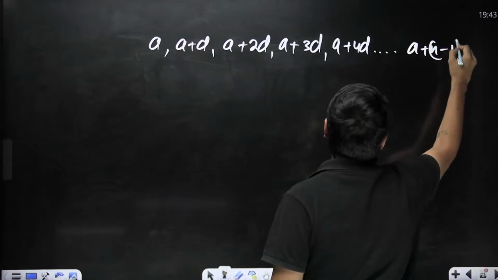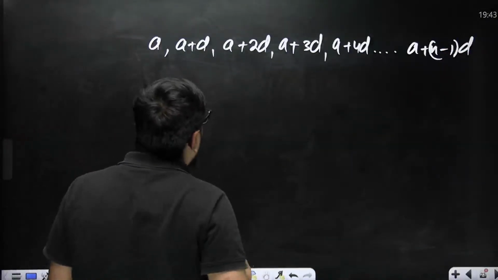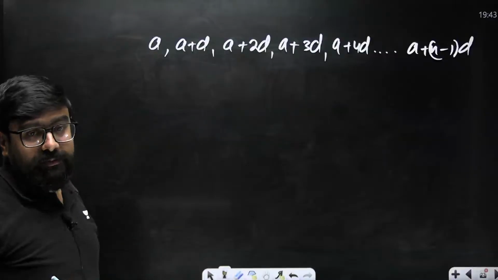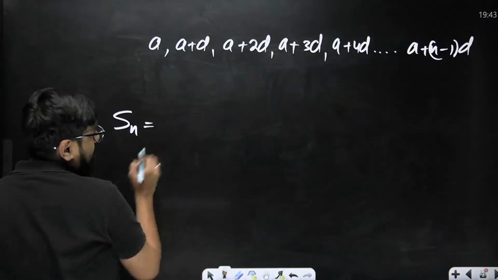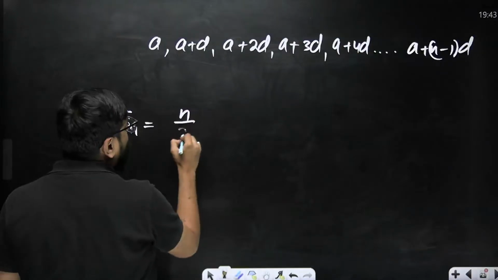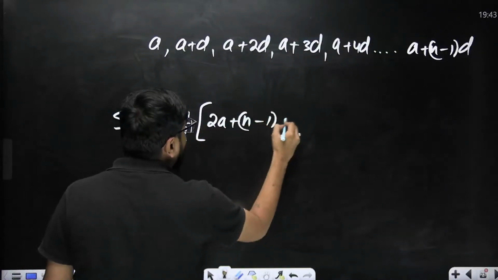This is an AP, right? These are the terms of an arithmetic progression. Now one more thing you can notice. Sir, what will be the sum of n terms? We just realized, it will be n by 2 multiplied with 2a plus n minus 1 into d. Correct?